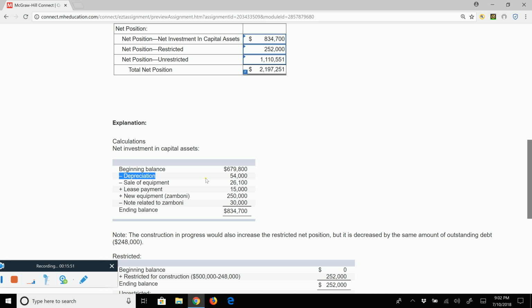Do you all see it says minus depreciation? Once again, for your notes, there is a basic formula for net investment in capital assets, and it's basically this. It's fixed assets minus accumulated depreciation minus any outstanding debt that was entered into to buy or construct those fixed assets.